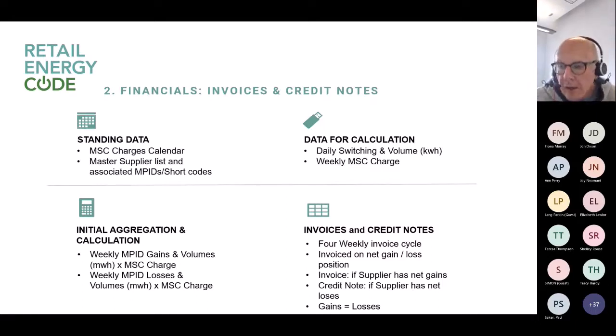This section talks really around the calculations of the charges, the production of the invoices, the production of the credit notes, and also how the cash is then sent out to people once it's been received. The scheme itself essentially uses three systems. It uses existing industry data sets.